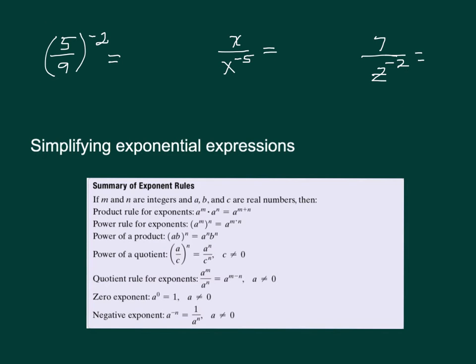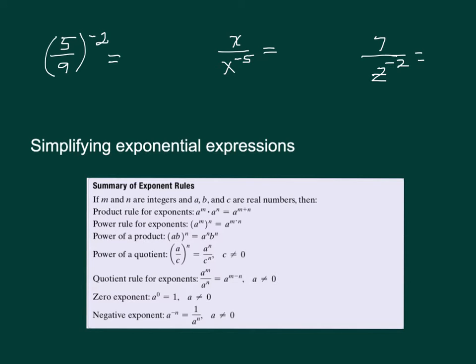All right. Now, what if we have a base that's a fraction? There's a couple of ways you can do this one. Let's see what this really means. Let's use the power of a quotient rule. If we use the power of a quotient rule, we have to raise the 5 to the negative 2nd power and the 9.